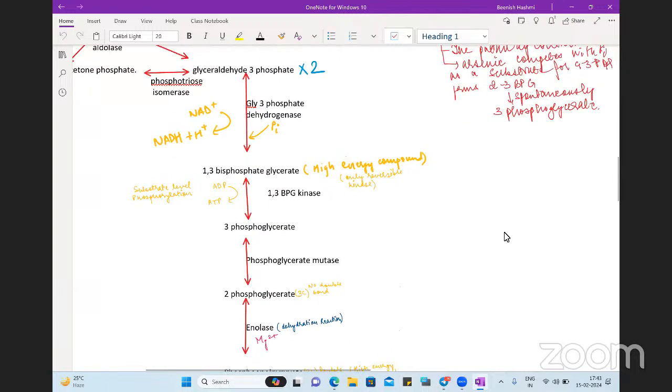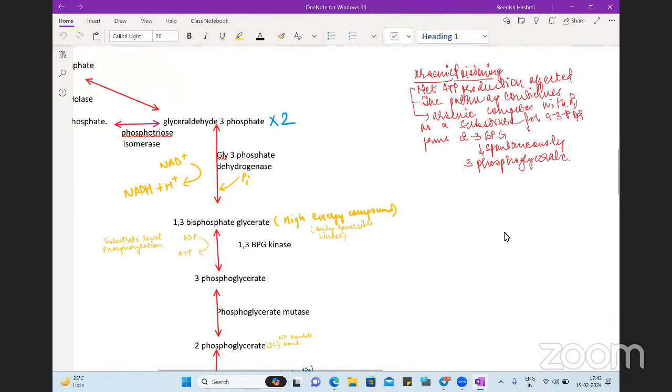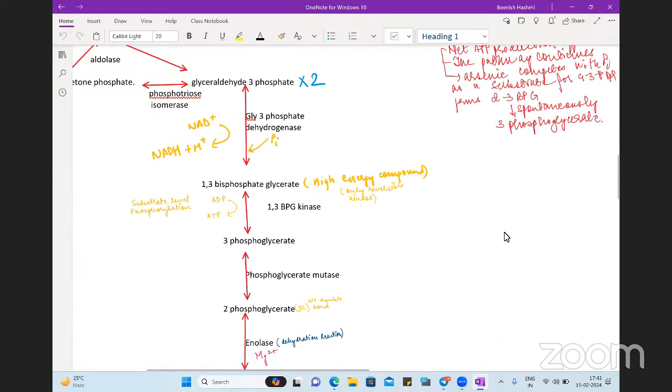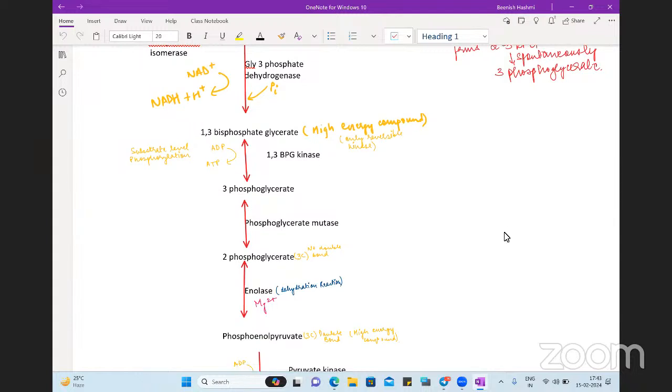Now, I'll talk about the arsenic poisoning point during inhibition. This step can be inhibited by arsenate, okay? In arsenic poisoning, arsenic competes with the inorganic phosphate for its binding to the dehydrogenase.